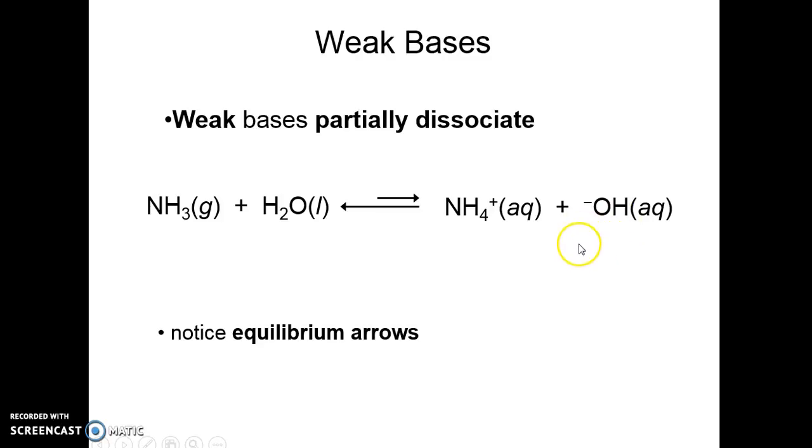That's a definition of a base. But we have a double arrow. The double arrow indicates that ammonium and hydroxide recombine to make ammonia and water. So only small amounts of this are made, and a lot of this is floating around in the water solution. Again, equilibrium arrows indicate a weak base.